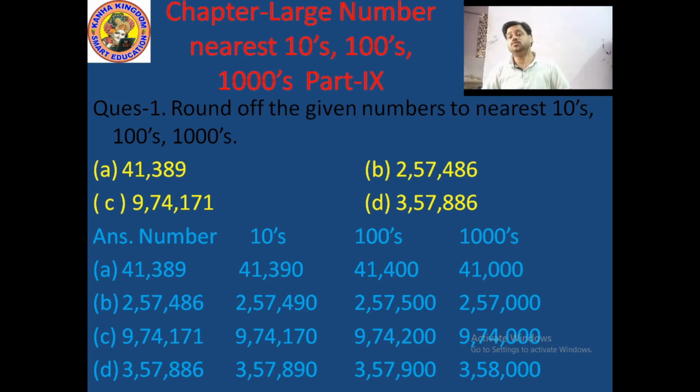And you add one more to the 1000 place. Which digit is in the 1000 place? 7. Add one to 7, so 7 plus 1 equals 8. So the exact answer of this part is 3,58,000. I hope you all understand all the parts.